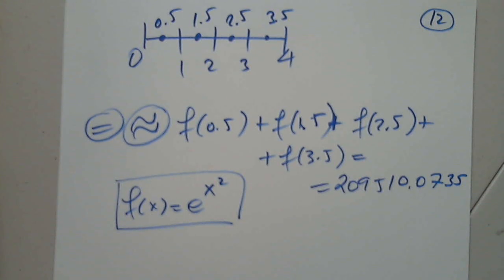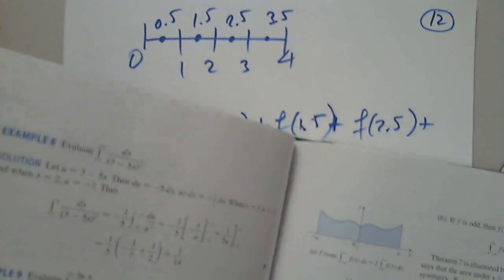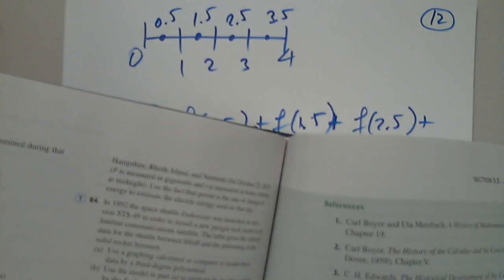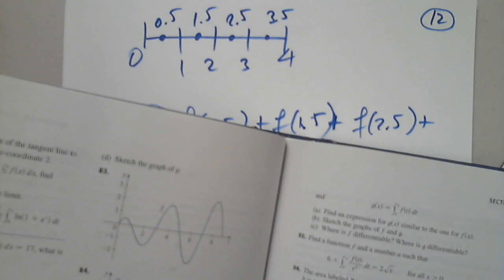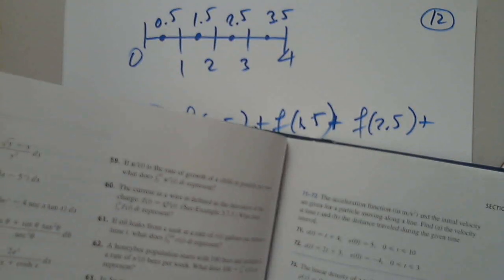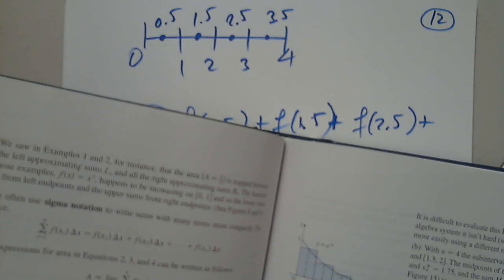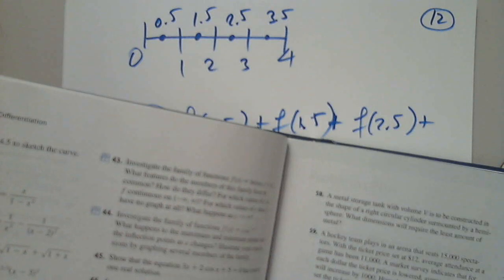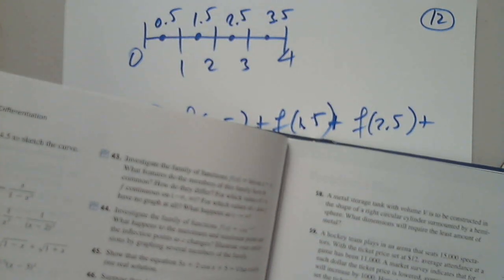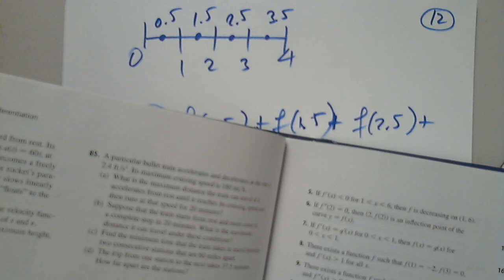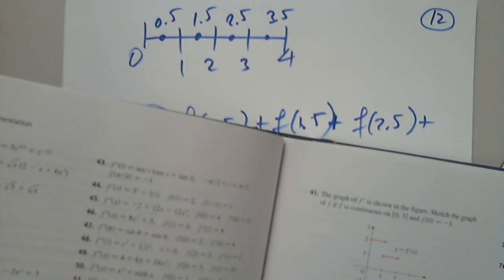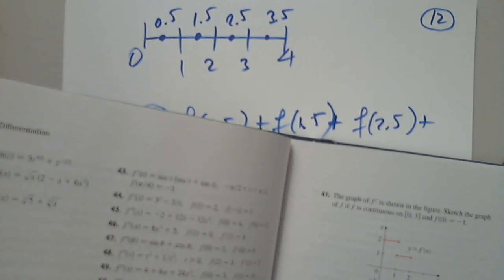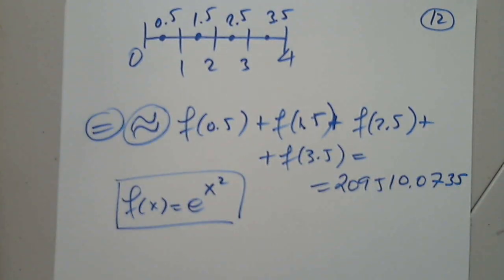So, for example, I have the book here, and these are in 4.9. Okay, so let's look at 69.